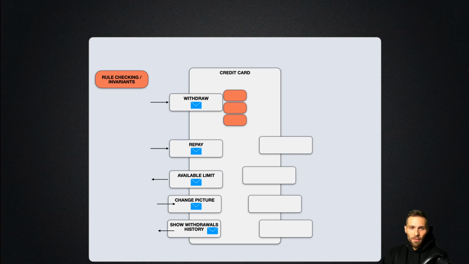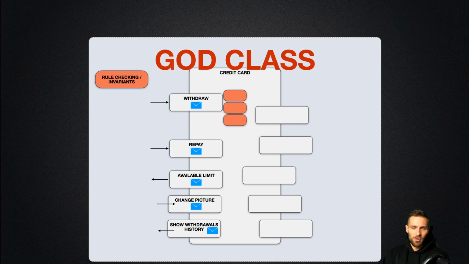After some time, all of a sudden, our class handles like 20 different messages, and it's not a credit card anymore. Credit card is here, no more. I would say that it just becomes a so-called God class.